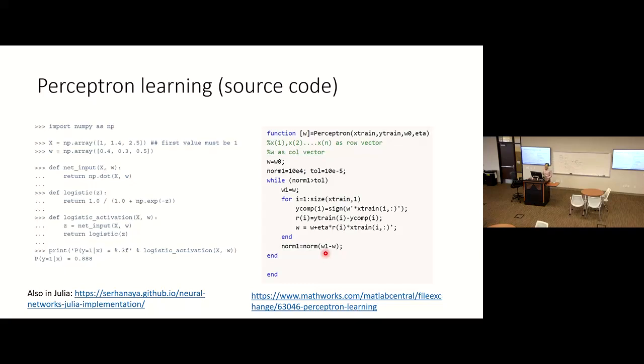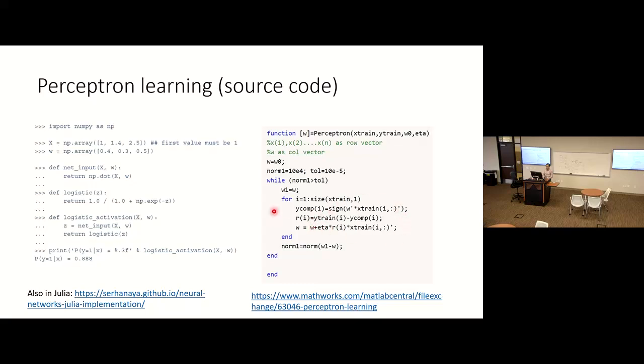It will update it using this. After each round of this update, we compare your previous step values of those weights with the current updated ones. If the difference is too small, when you compute the norm of this difference, then we stop.